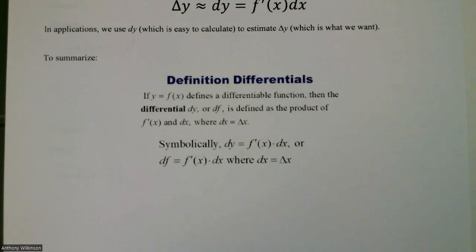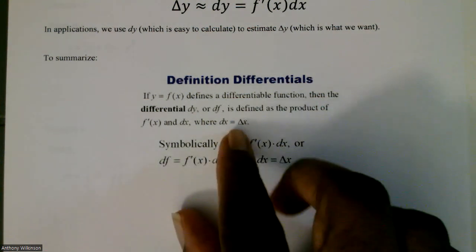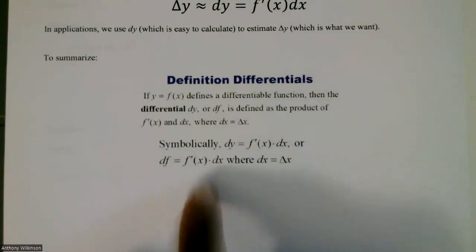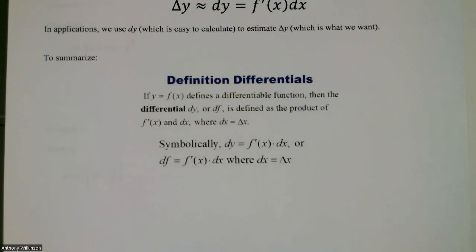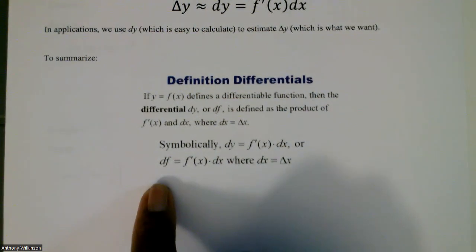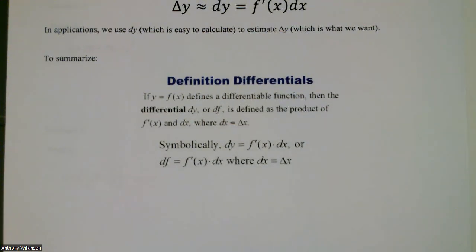If y equals f of x defines a differentiable function, then the differential dy or df is defined as the product of f prime of x and dx, where dx is equivalent to delta x. Now, in symbolic notation, we say this: dy is equal to f prime of x times dx. Or we can say the differential df is equal to f prime of x times dx, where dx is equal to delta x.